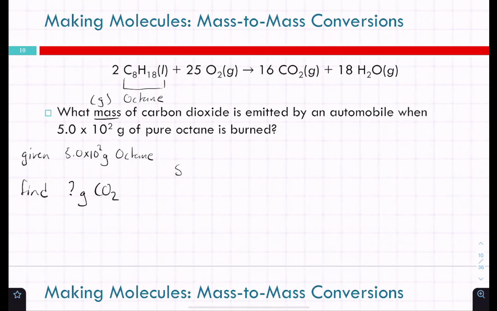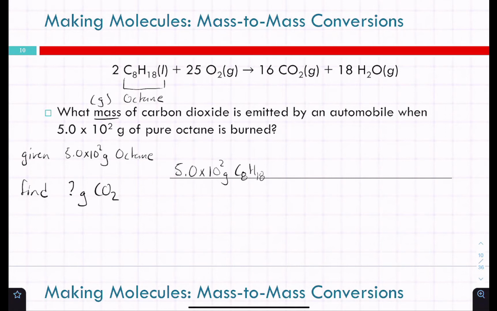Alrighty, so we're going to start our problem out here with what we're given. This is octane, C8H18. So our general thing, I'm actually going to write this on the board.